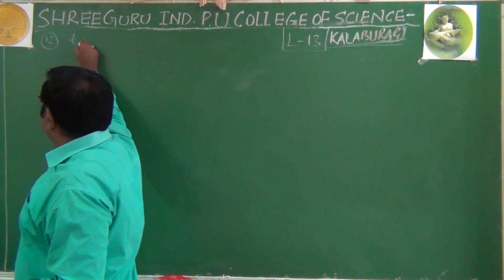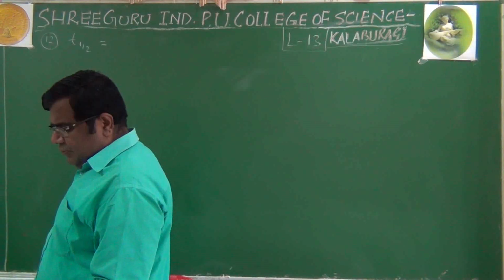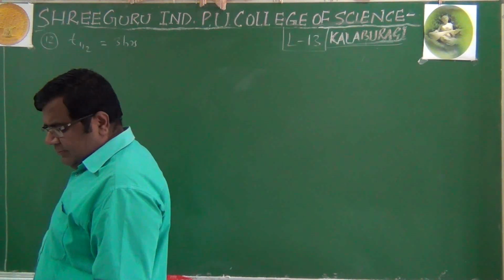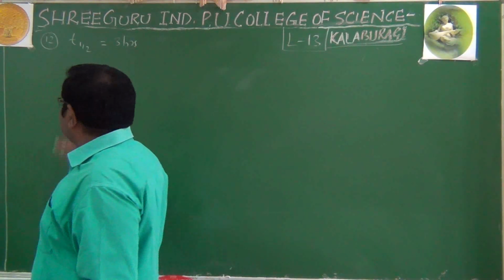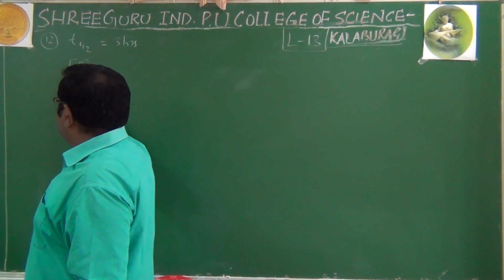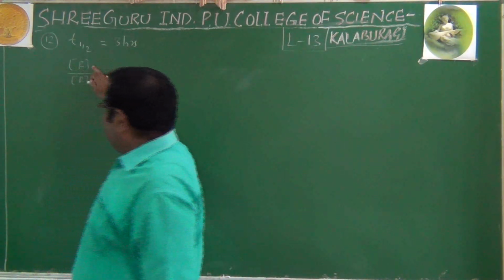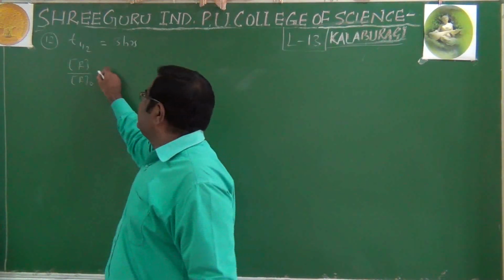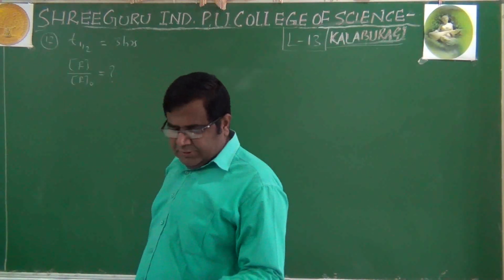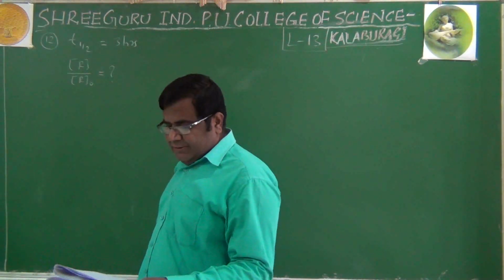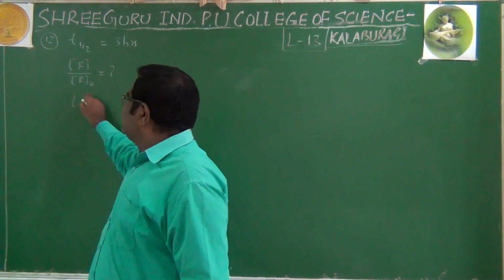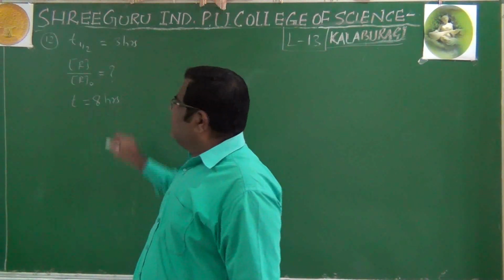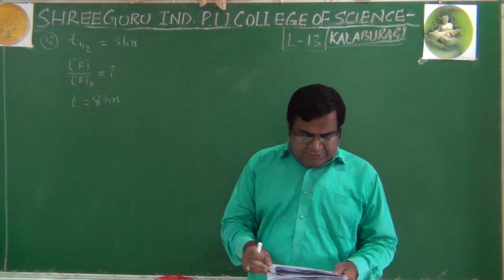That half-life period T half is equal to 3 hours, and what fraction means we are looking for the molar concentration of the reactant after time t and the initial molar concentration of the reactant. This we have to calculate, and the time t equals 8 hours. So this is the data given in the question.